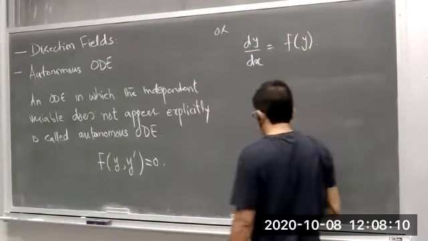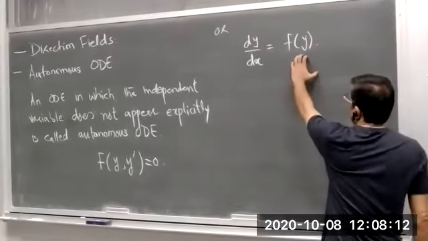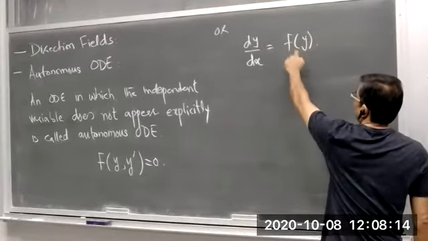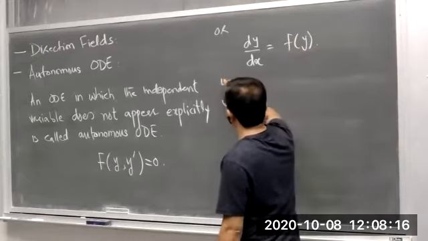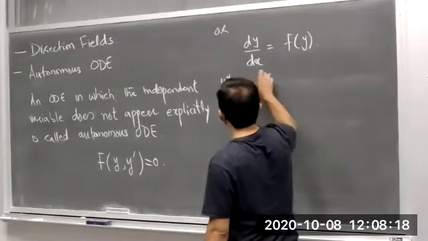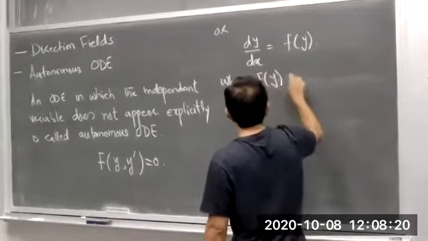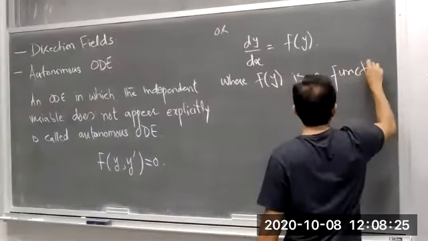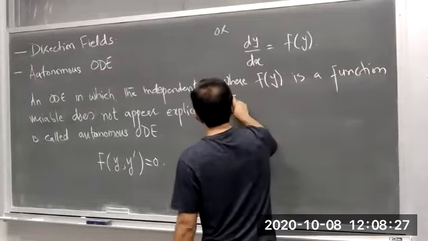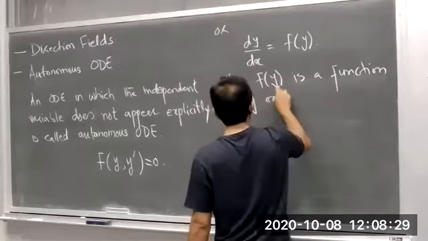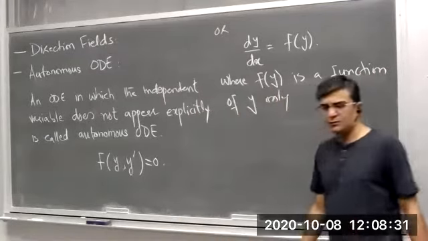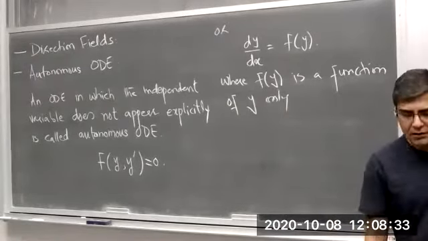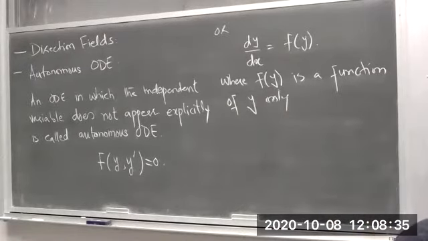Now you can see here that this function f of y is a function of y only. If y is the dependent variable, there is no x in this differential equation explicitly.